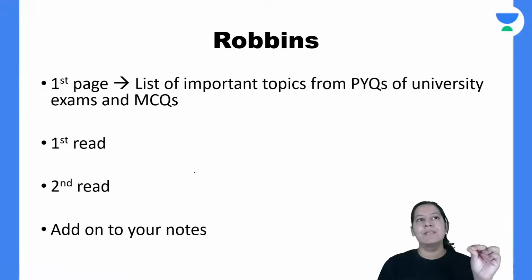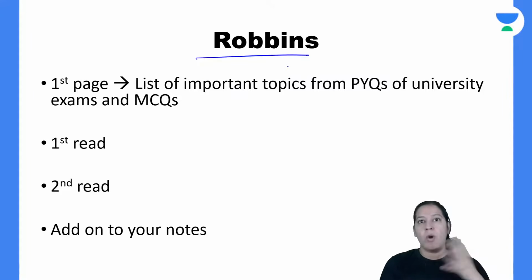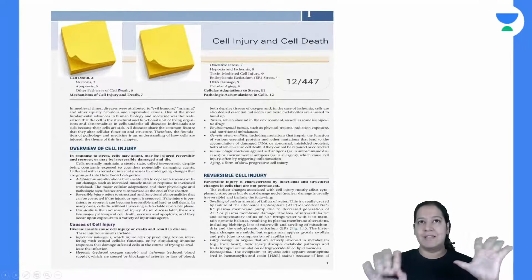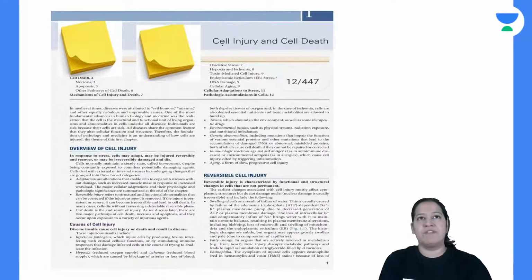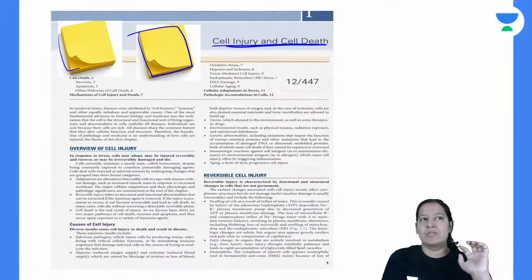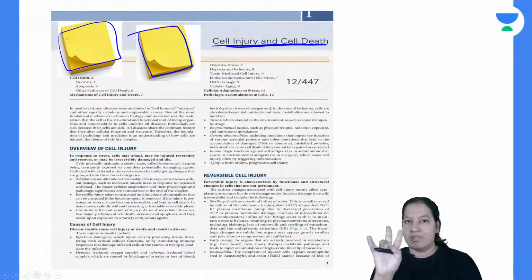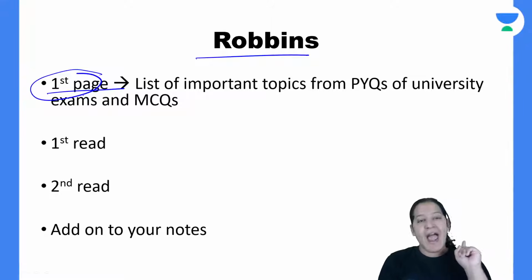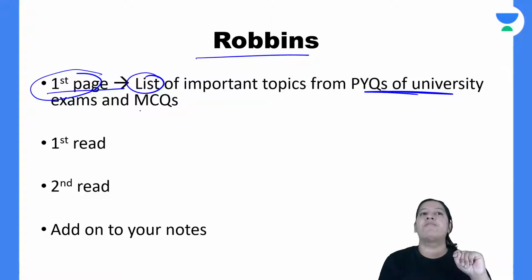Okay. So in Robbins, what you have to do, just suppose what I used to do, you have to start with the first page of any chapter. This is the first chapter, cell injury and cell death, that I am starting. So take your sticky notes. Stick 2 sticky notes on the first page of every chapter, and you have already listed the important topics for your university exam and for your MCQs.